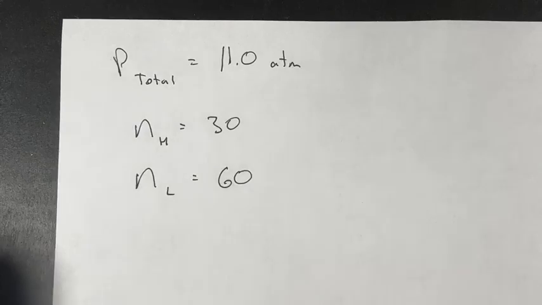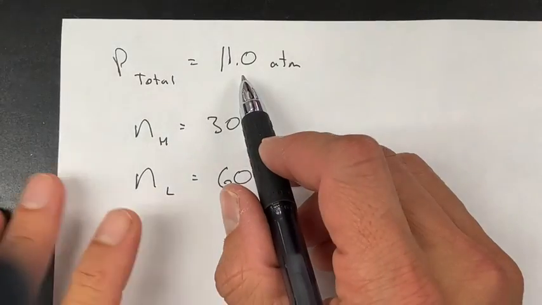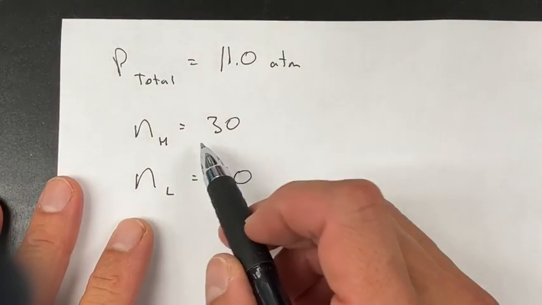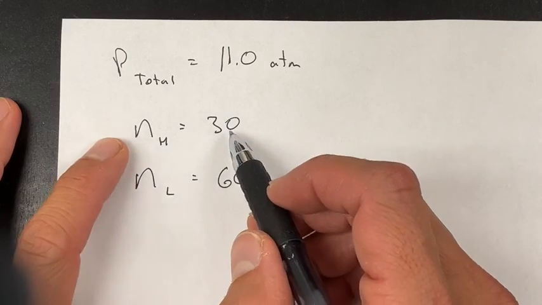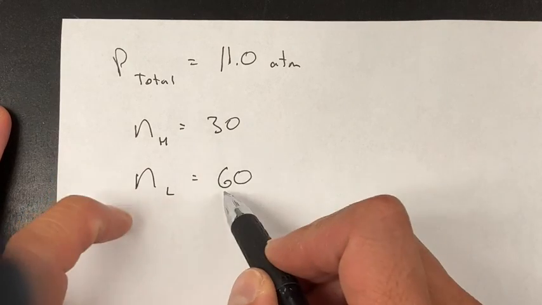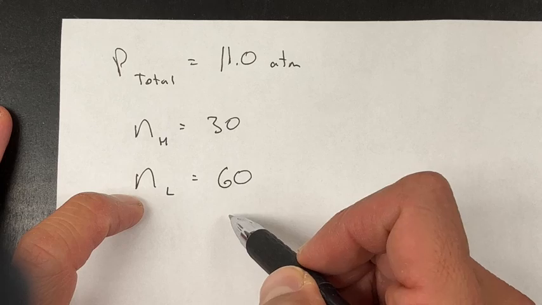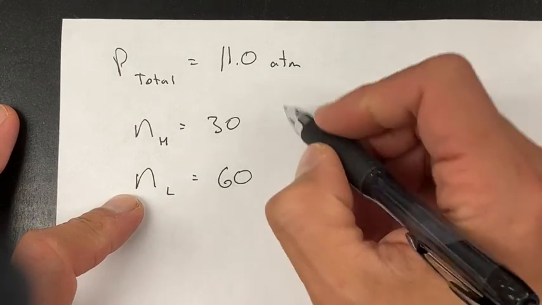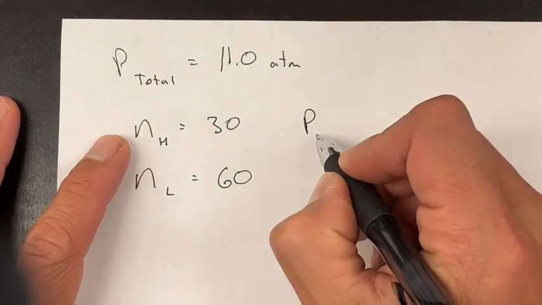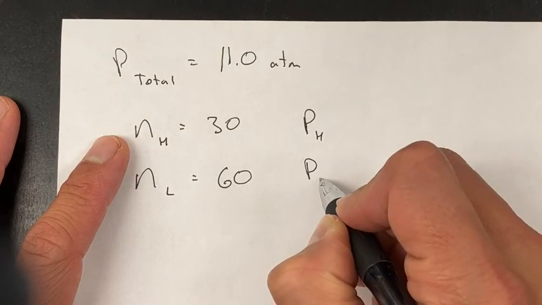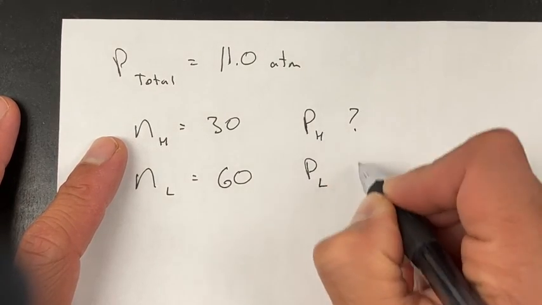In my second example, the total pressure was 11 atmospheres, and I pumped in 30 heavy particles and 60 light particles. Now I want to find the partial pressure of the heavy and the partial pressure of the light.